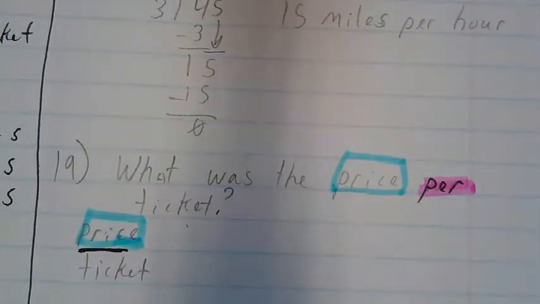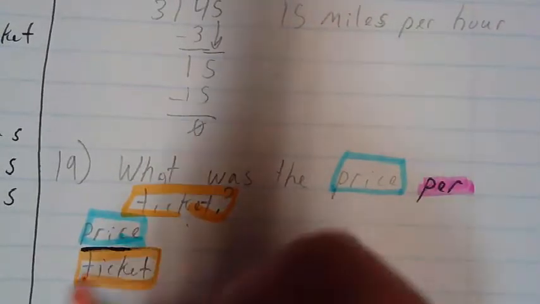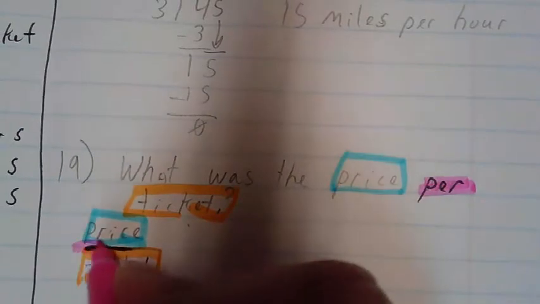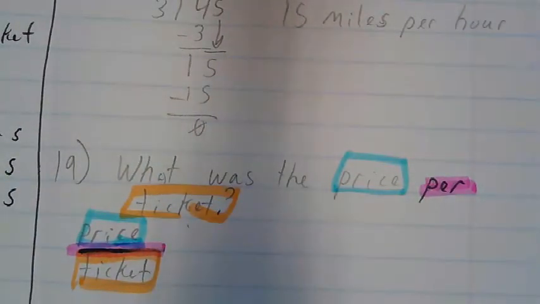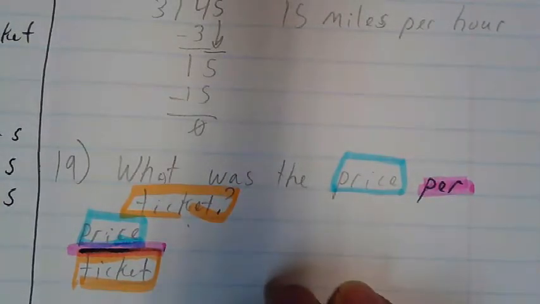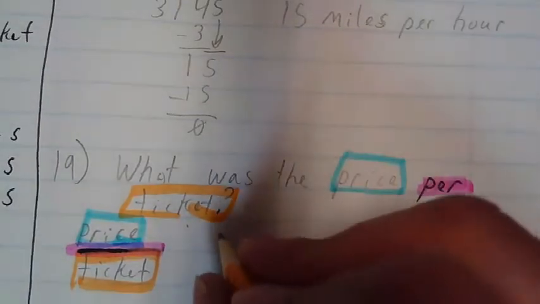Price. Ticket. And in the middle, you have the division bar. Or the fraction bar, or division bar. Really, you're dividing anyways. Right? In the end. Price per ticket. Alright. According to this, we have $252.